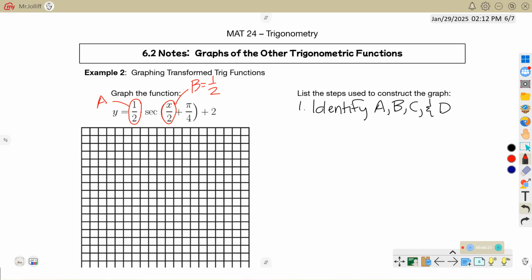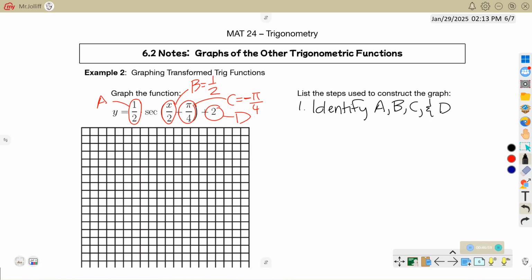Juliana, what is my C? Pi over 4. Positive or negative? Negative. Good. Flip sign. Good. And then my last one, Arlene, what's my D? It's 2. Yeah, the one I haven't circled yet. Good. First step done. Everyone should be able to do that today. Identify the 4 numbers.